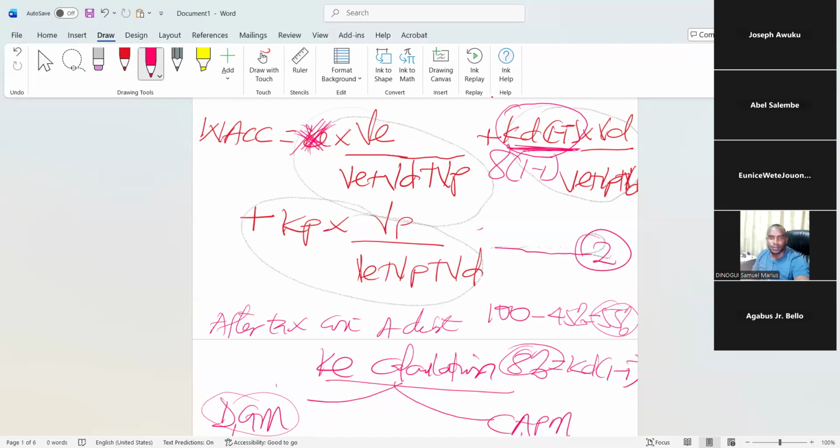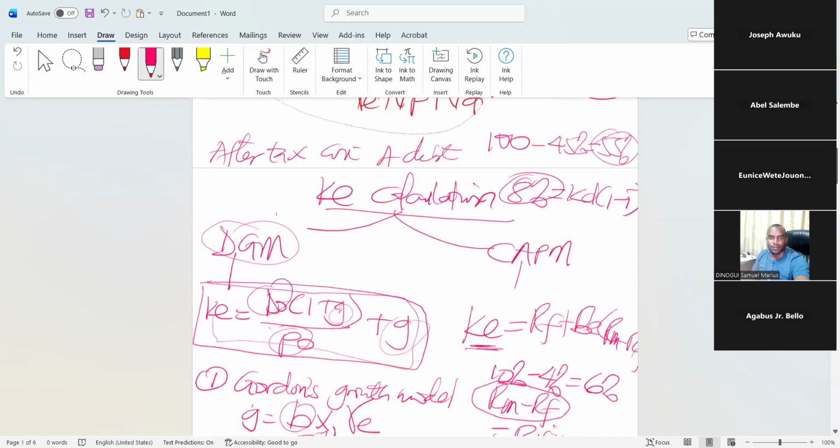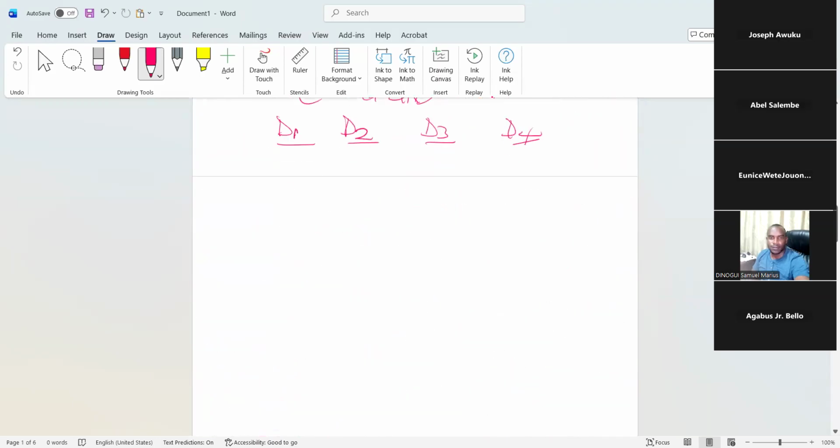So I'm done with KE. I'm coming to KD. We have made it clear, and I'm emphasizing it again, that your examining team all the time want you to calculate cost of debt, KD, using the internal rate of return methodology.